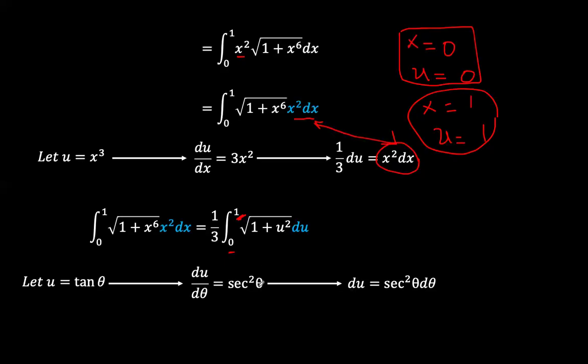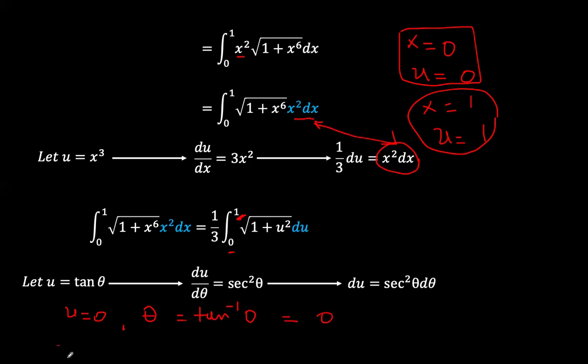Now, let me also just do one more diligence. Since u is tan theta, when u equals 0, that means theta is equal to arctangent of 0, just my preference to represent arctangent like that, which is equal to 0.